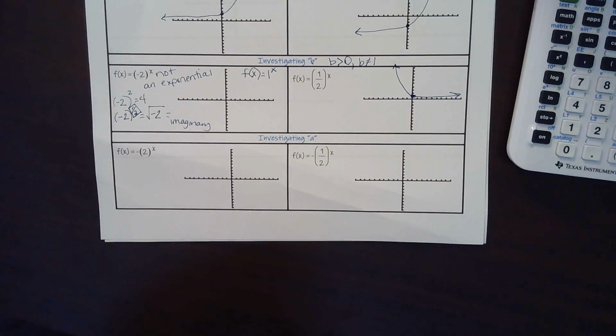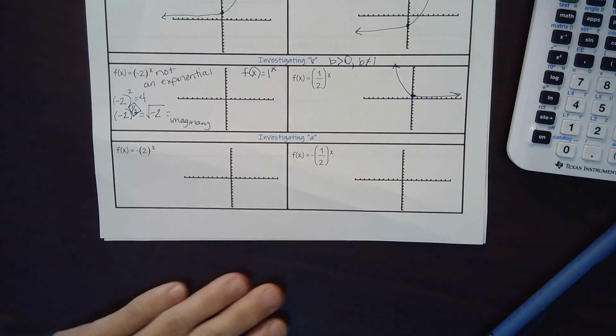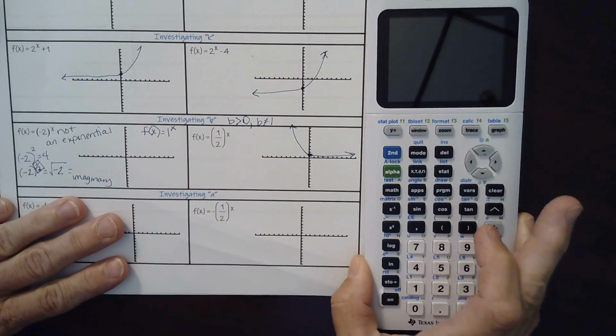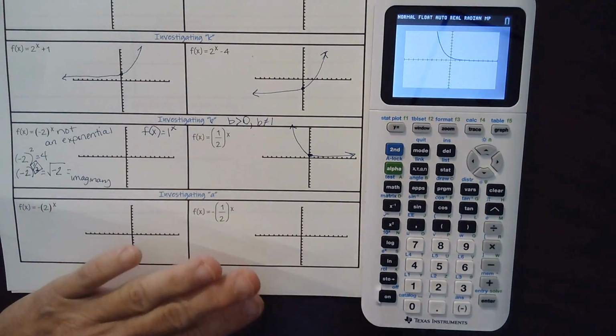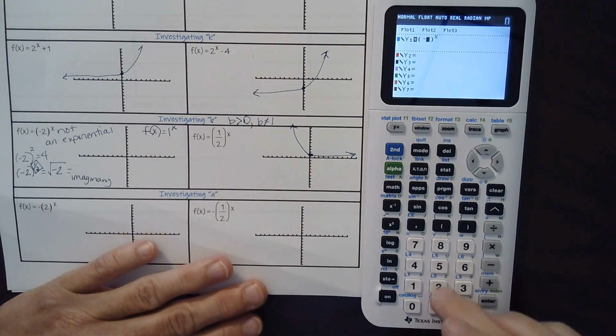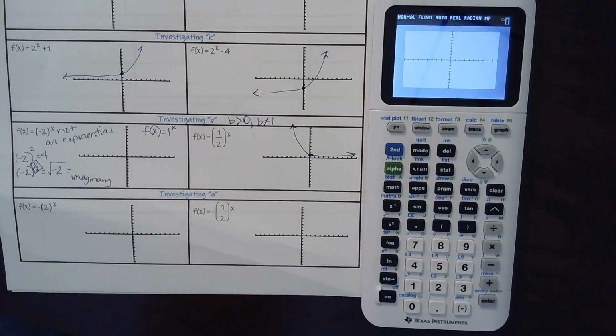So the question is, what does this graph really look like? I'm curious. Well, if we go back to the calculator, let me turn this on. Let me go in and put -2, and when I do zoom 6, there's what it appears to be the graph, which is nothing.